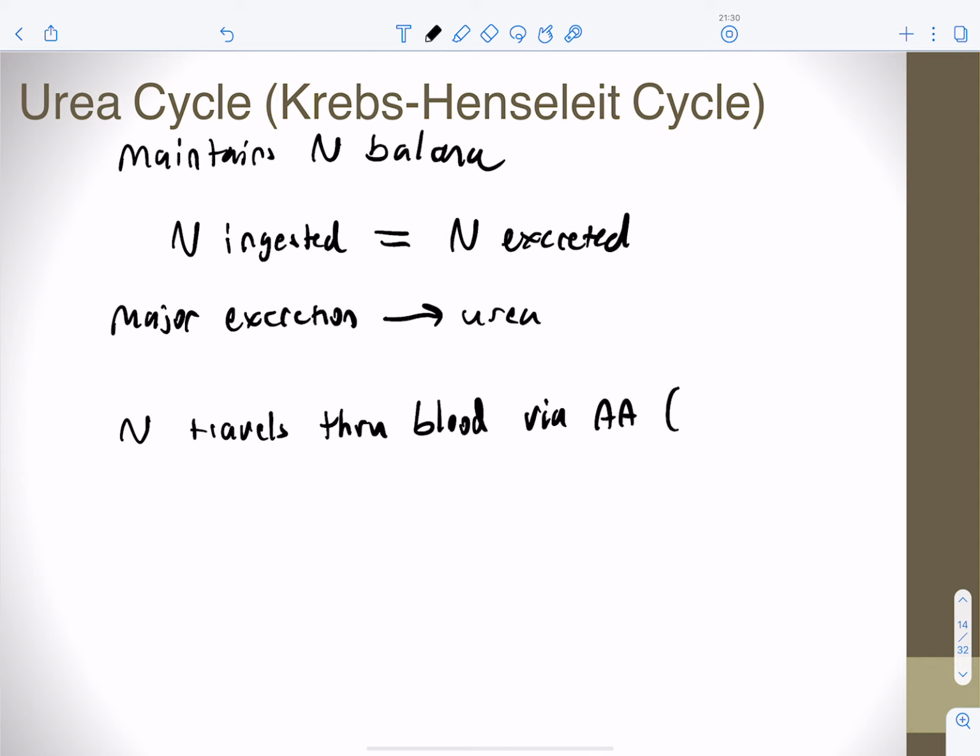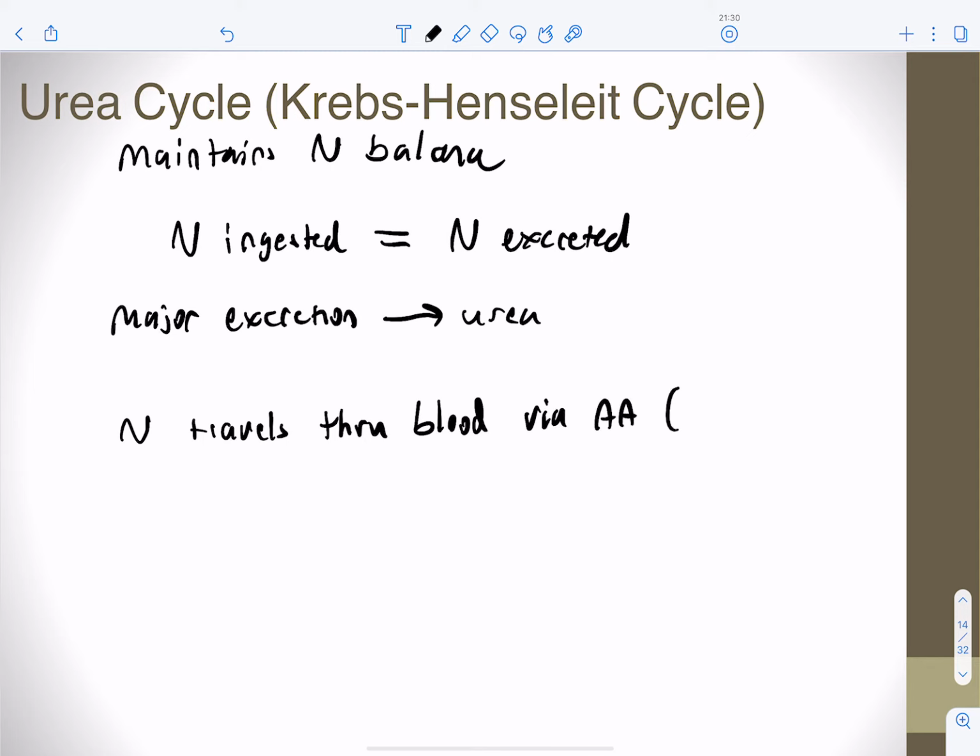Now, argininosuccinate is then going to form fumarate and arginine through argininosuccinate lyase, so it gets cleaved. Arginine is then going to form urea through arginase and recycle ornithine, and the cycle can keep going over and over again.